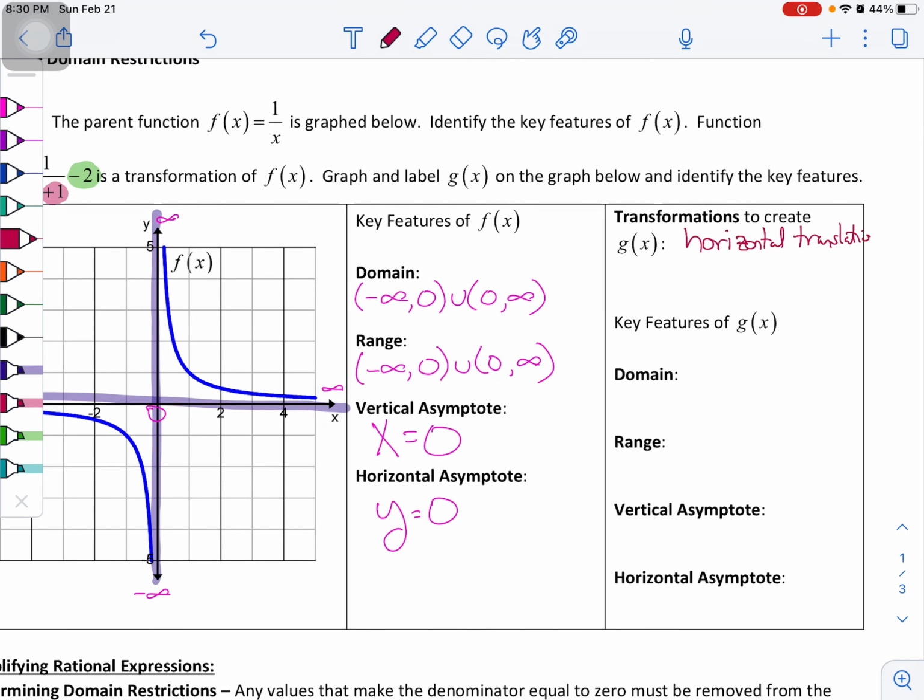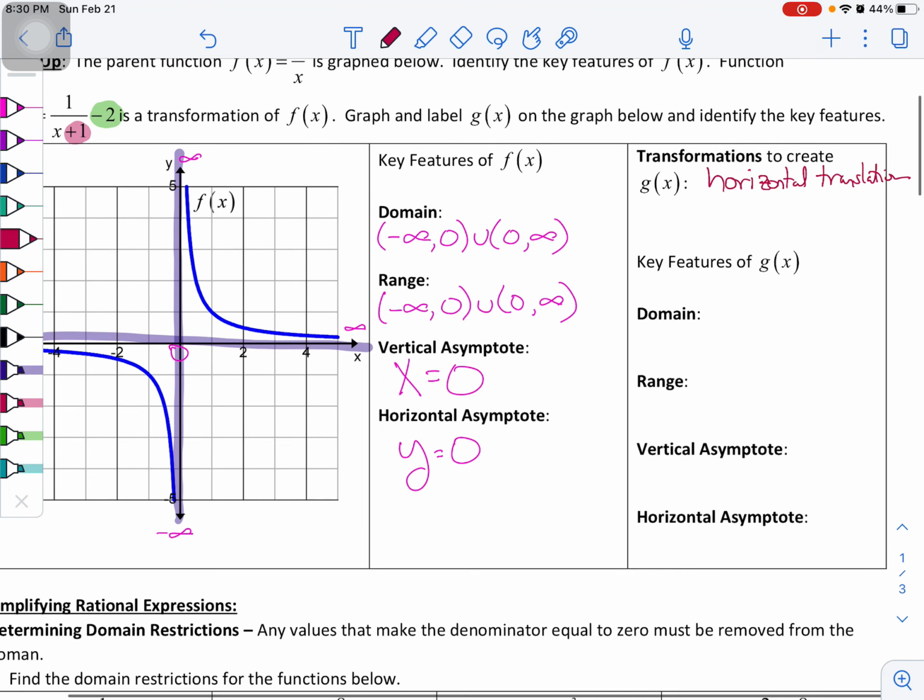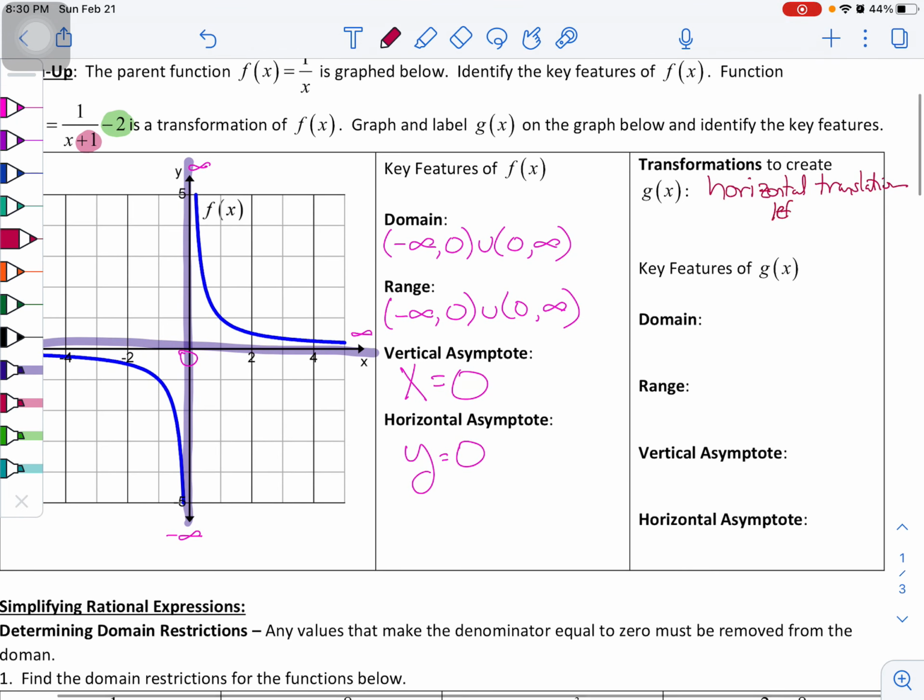I'm going to slide this over. There we go. Okay, so horizontal translation. And that's going to be left 1 unit.